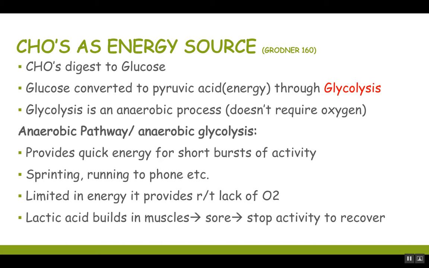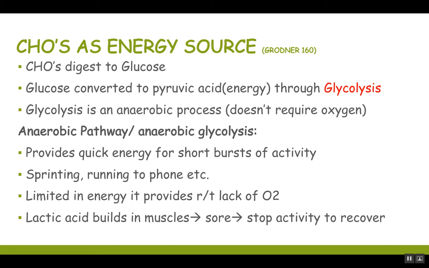Anaerobic glycolysis allows us to have a quick energy source for very short bursts of activity. Because it doesn't require oxygen, you're not able to do it for a very long period of time. An activity like jumping up and running to the phone, a really short period, a quick sprint. It's a limited energy source, related to a lack of oxygen, so very limited.